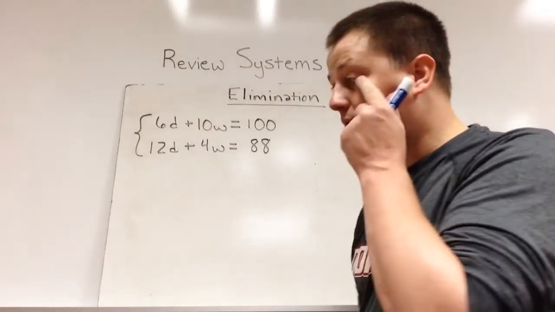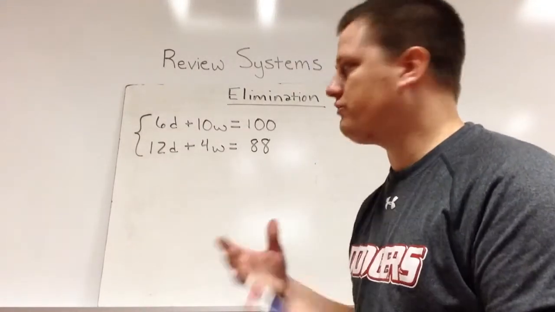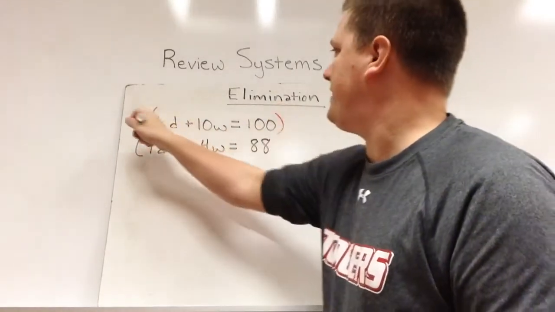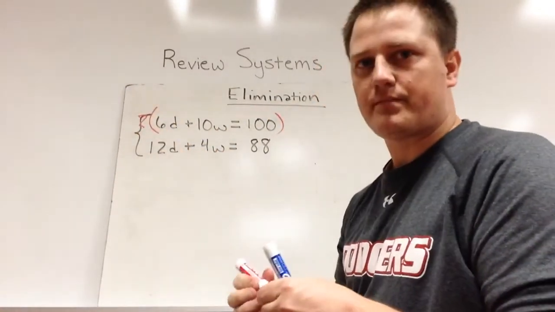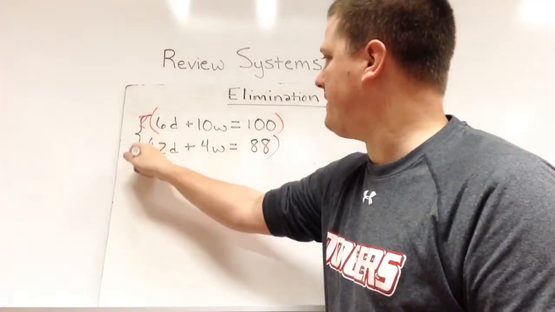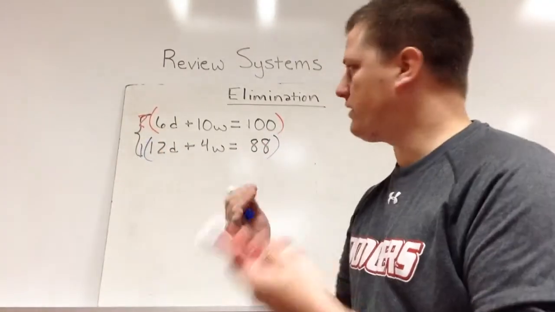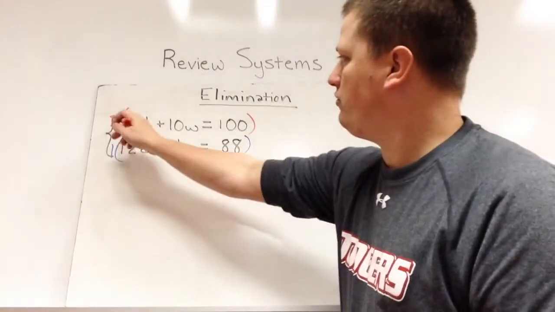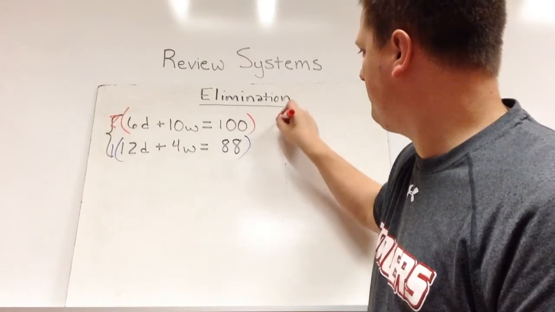To do that, we have to use our ability to distribute. To turn 6 into 12, we want to multiply by 2. To turn 12 into 12, we want to multiply by 1. So in each of these, we're going to distribute and create a new problem. So we take 2 and distribute it to all of these.